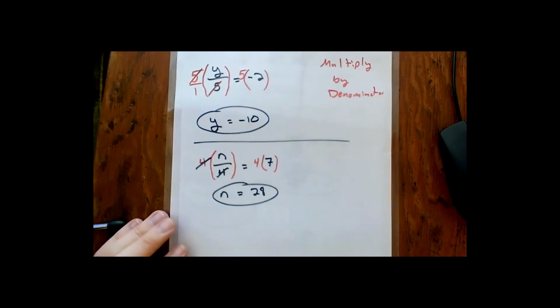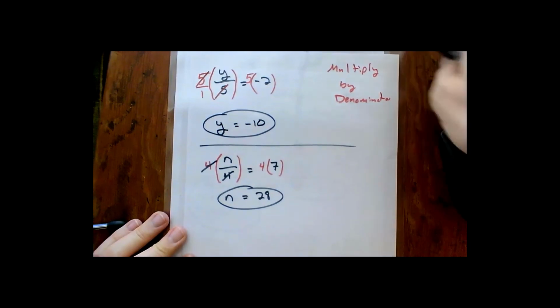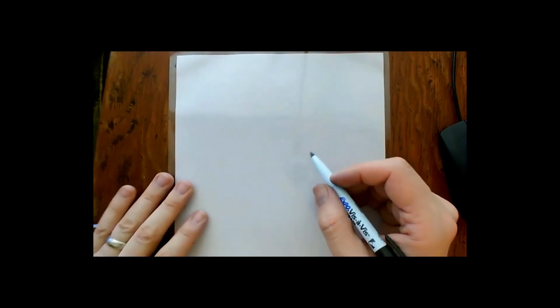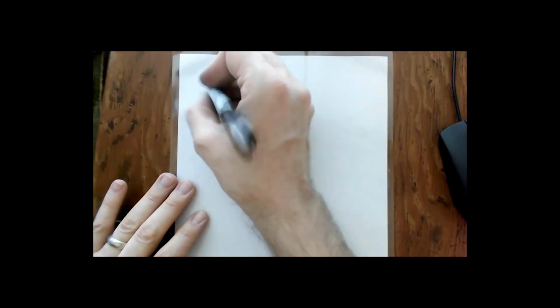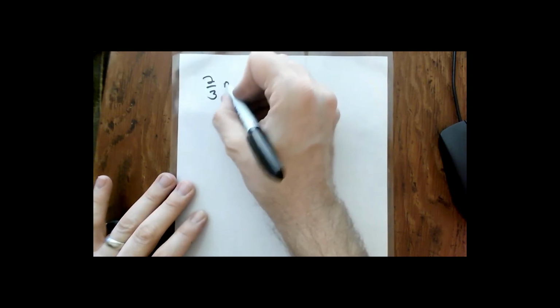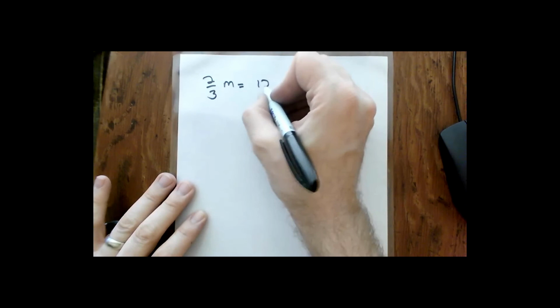One other fun little trick that's a good thing to practice is when you have a fraction as a coefficient. So say we've got something like 2/3 m is equal to 12.